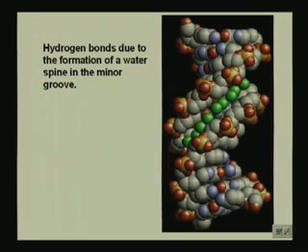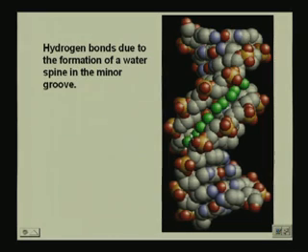Another feature that we can look at here is this part on the right. What groove is this? This is the major groove, and so this is the minor groove. Now, these are actually water molecules. Okay? So, there are other hydrogen bonding possibilities due to what is known as a water spine.